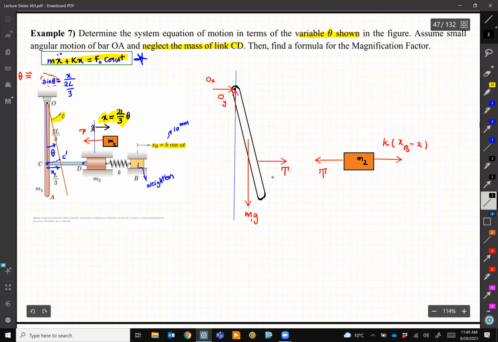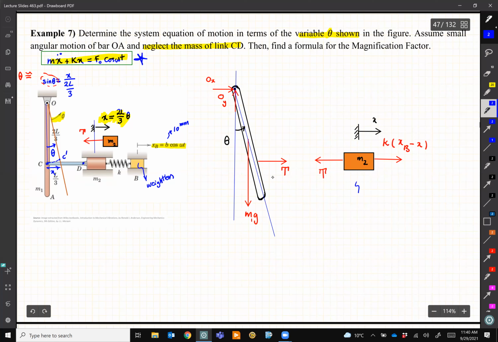Also, we better be organized and show our coordinate. What is positive, what is negative. So this is positive for us, and this is also positive. Well, this is the free body diagram, and if you get to this point, the rest is just some simple math.